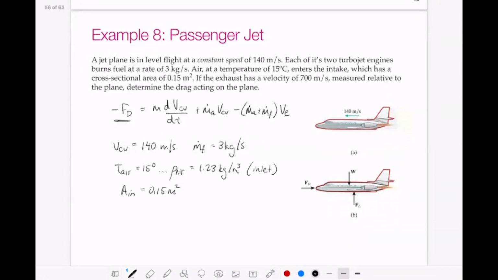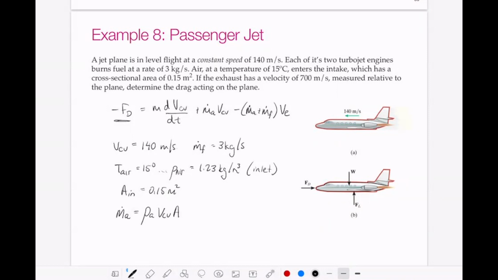So we can calculate the mass flow rate of air in from this. The mass flow rate of the air is just equal to the density of the air times the velocity of the control volume, which is the relative velocity of the air entering the control volume, times the area.